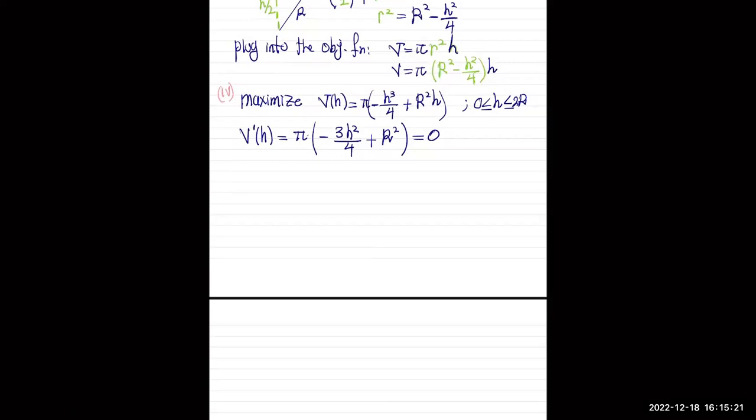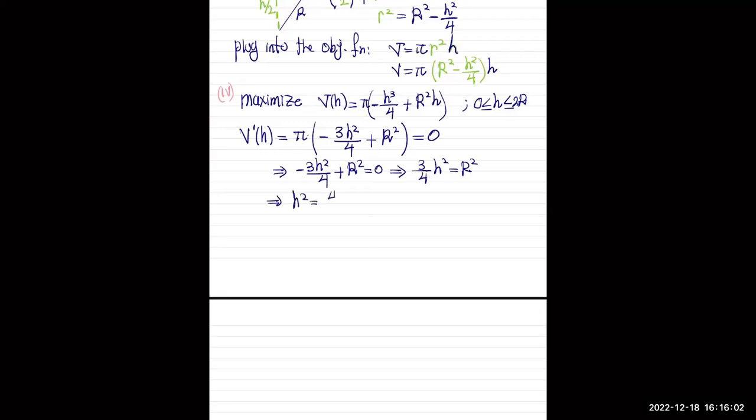Pi again is just a constant factor, you can zero it out. The only time this is 0 is when this factor is equal to 0. Move the r squared over. You get 3 over 4 h squared equal to r squared. The negative just cancels out. Multiply by 4/3 to solve for h squared.